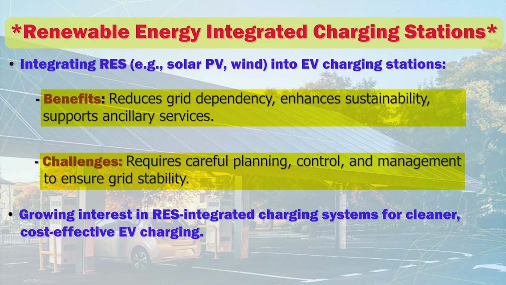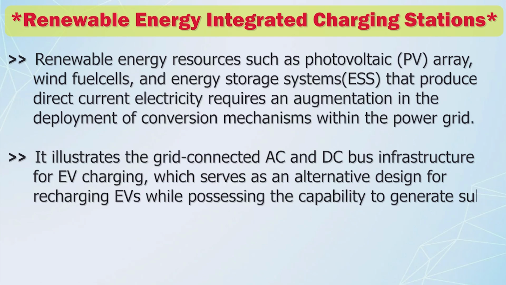There is growing interest in renewable energy source integrated charging station systems for cleaner, cost effective EV charging. So, here renewable energy resources such as photovoltaic, wind, fuel cell, and energy storage systems that produce direct current electricity require an augmentation in the deployment of conversion mechanisms within the power grid.